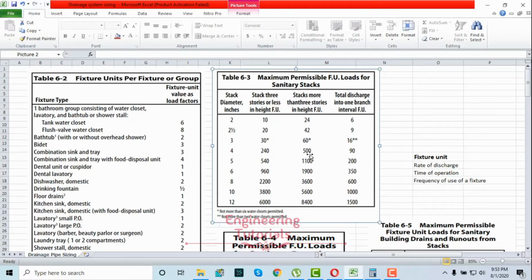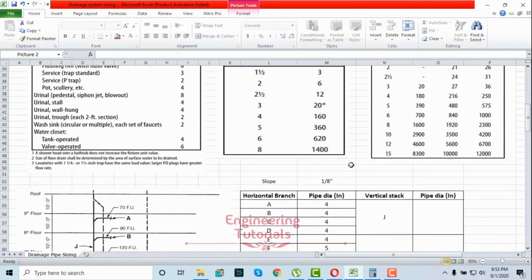But you need to check one more thing in the last column, that is total discharge in each branch interval, fixture unit is 90. This condition should be satisfied, that total discharge in one branch interval should not exceed 90 fixture units.